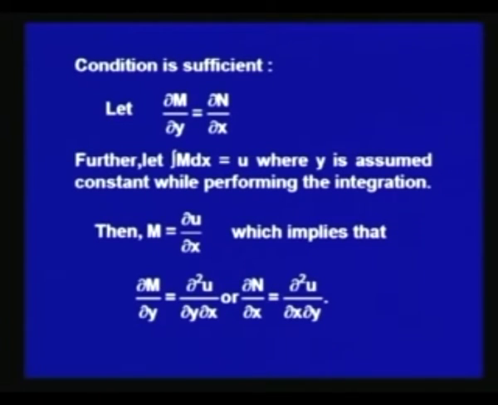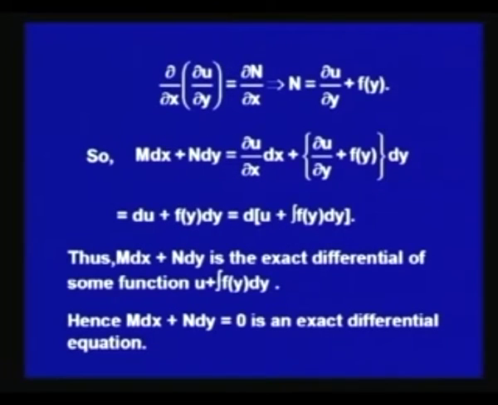So, this will imply that ∂M/∂y is equal to ∂²u/∂y∂x, or ∂N/∂x equal to ∂²u/∂x∂y, since ∂M/∂y and ∂N/∂x are equal and the first order partial derivatives are continuous.